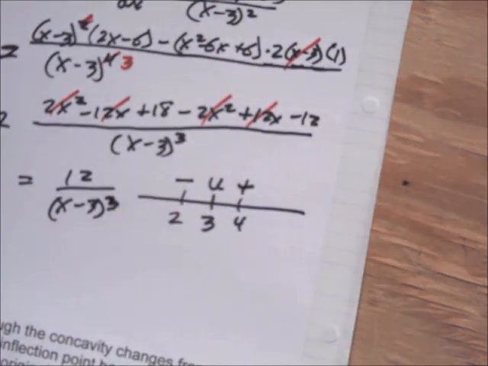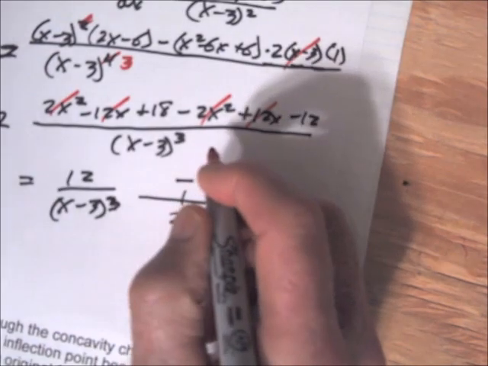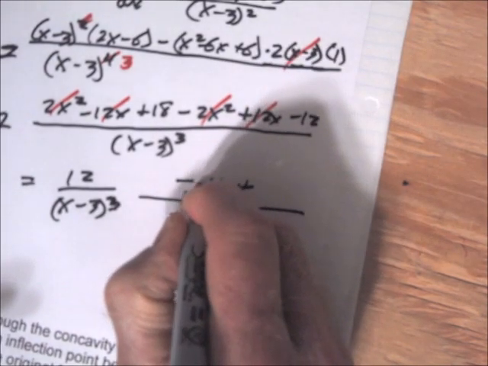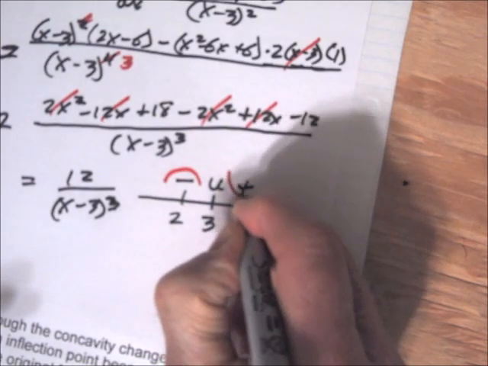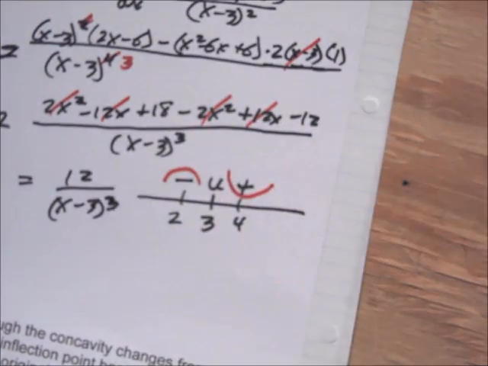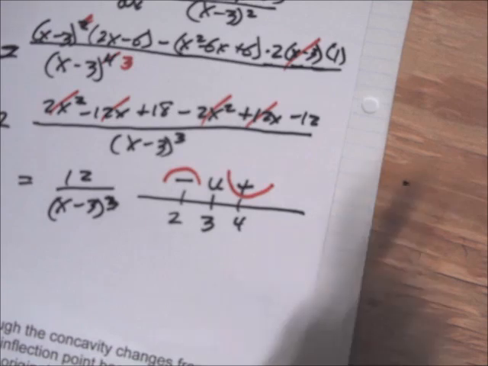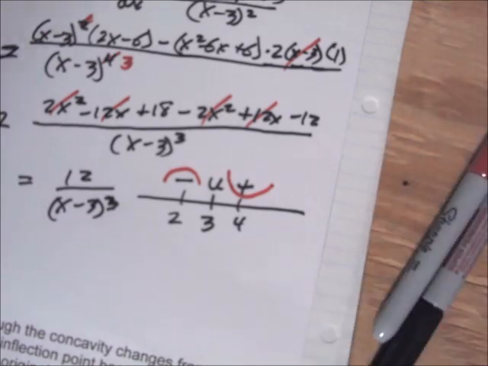So on this side it's concave down, it spills water. This side is concave up, spills water. So the concavity does change at 3, but because 3 is not in the domain, it's not considered to be an inflection point.